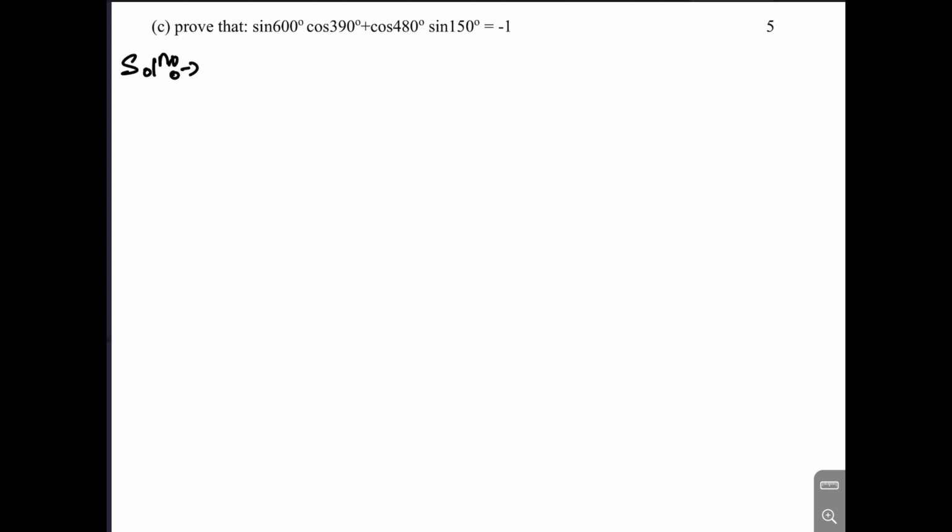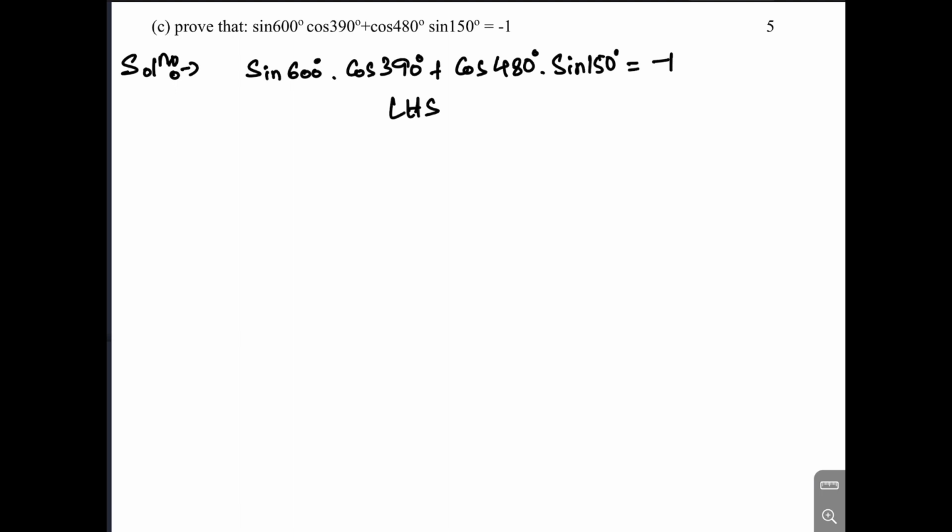Solution: sin 600 into cos 390 plus cos 480 degree into sin 150, which equals minus 1. So this is LHS equals RHS.